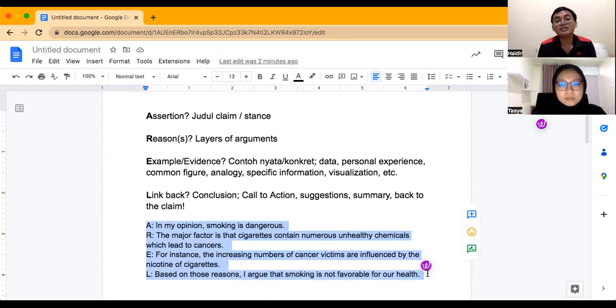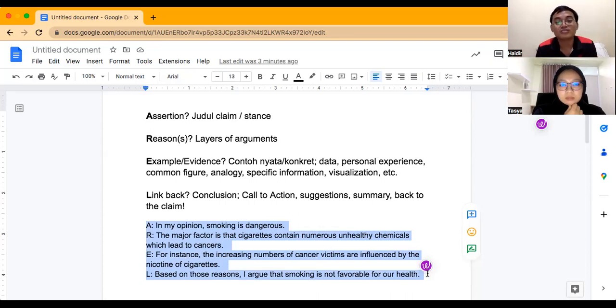Maybe it's not going to be an immediate result, but time by time, it's going to be detrimental for the future of these active smokers. For instance, the increasing numbers of cancer victims are influenced by the nicotine of cigarettes, based on the data that I've read from article journals on the internet.